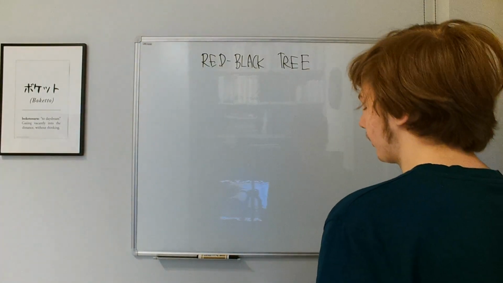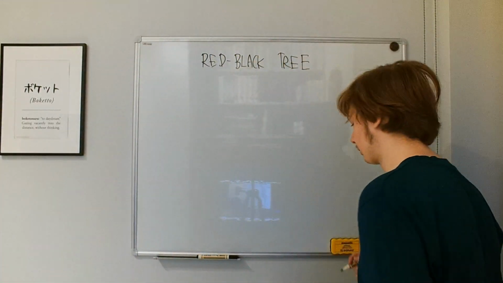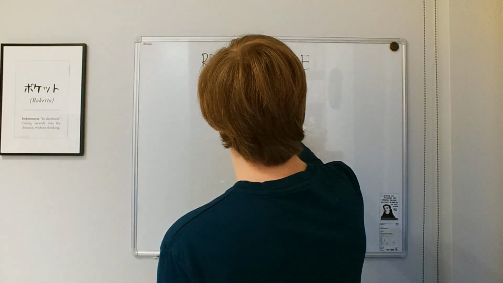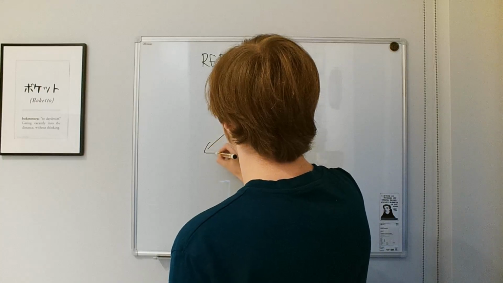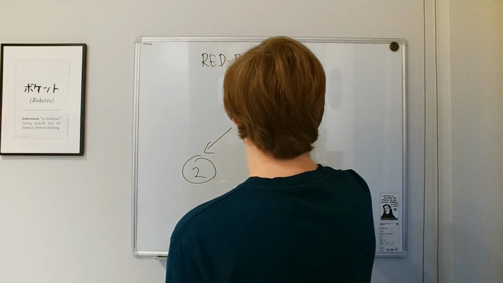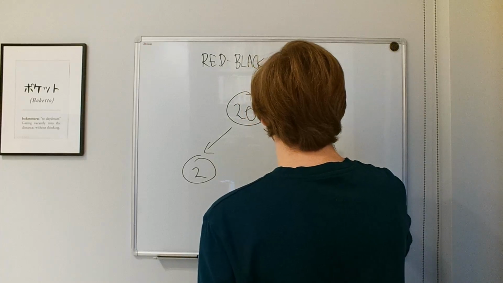So the fundamental ideas of a red-black tree, which should be the sort of recap, is you have nodes.